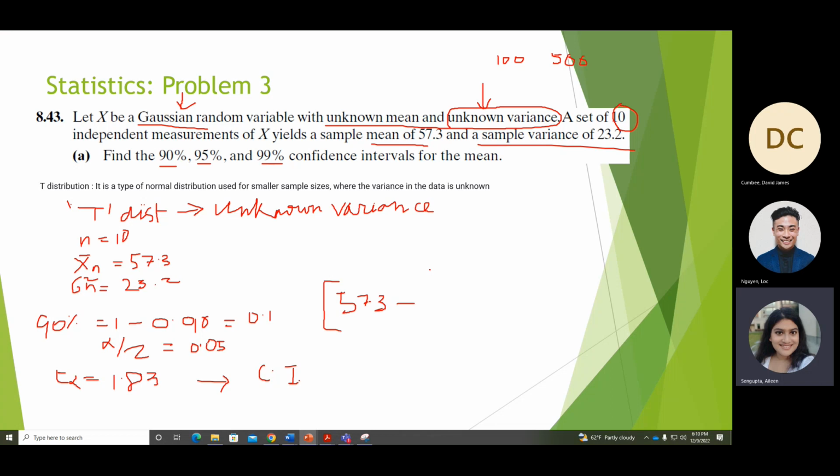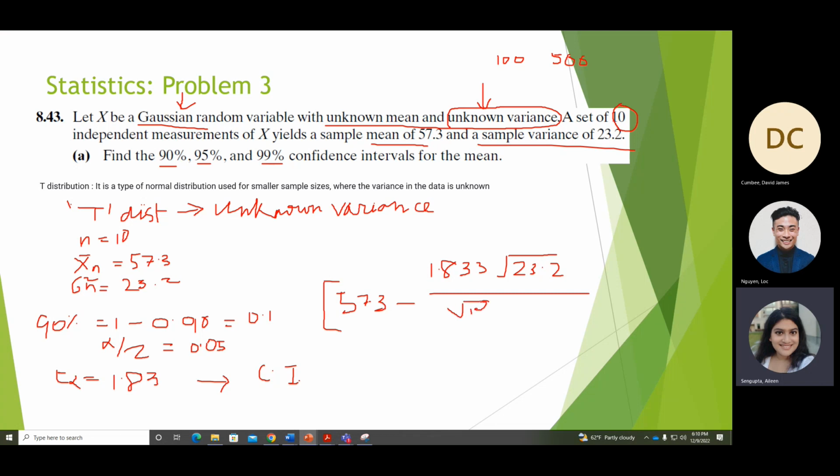So again, this will be 57.3 minus 1.833 that you have already found out, times the square root of the variance, 23.2, divided by the square root of 10.